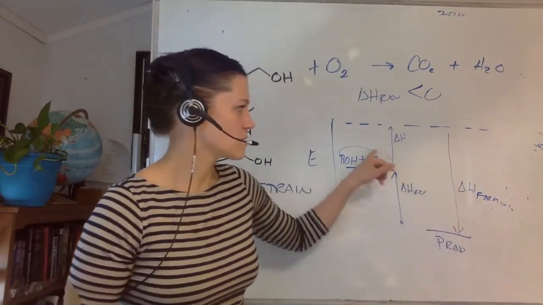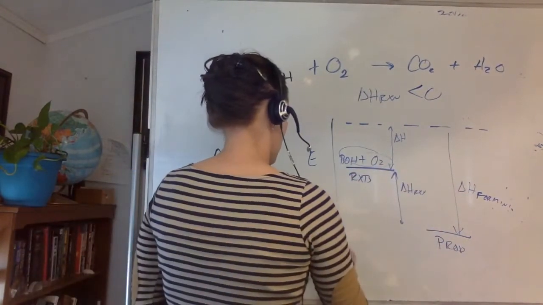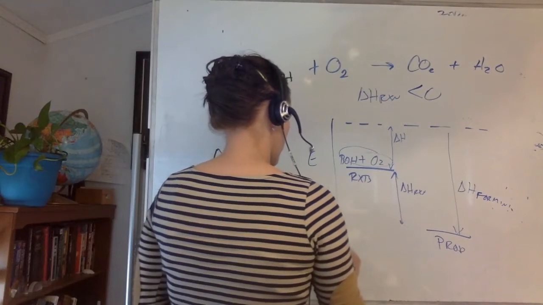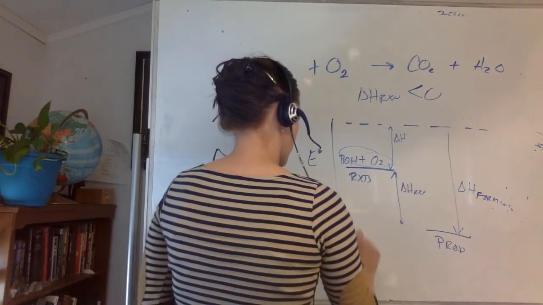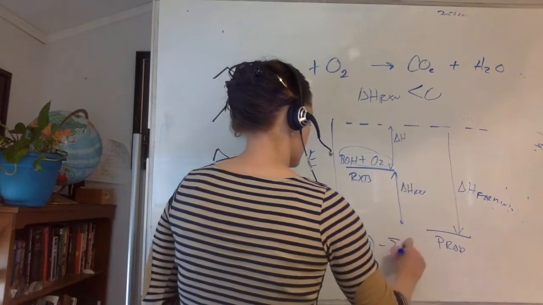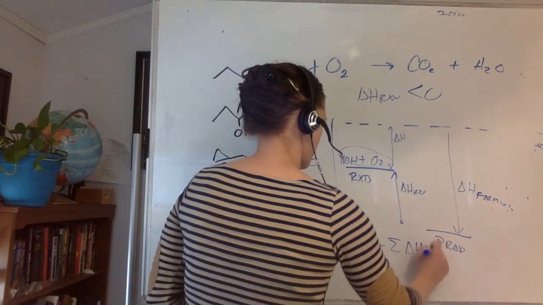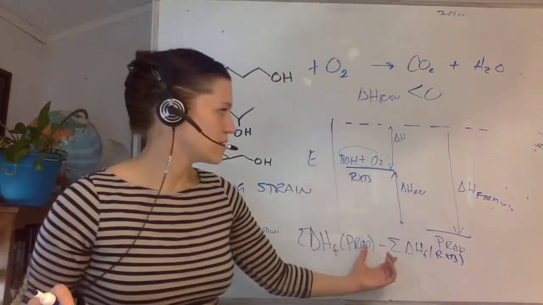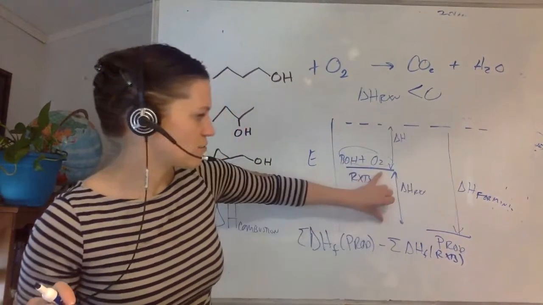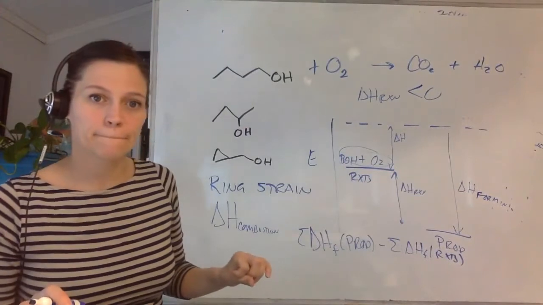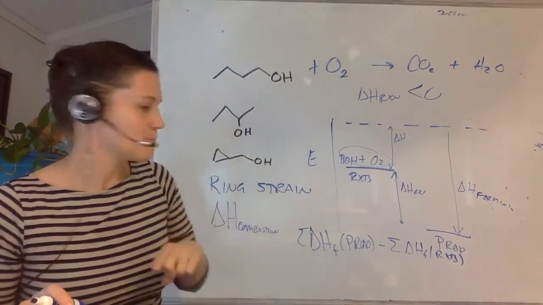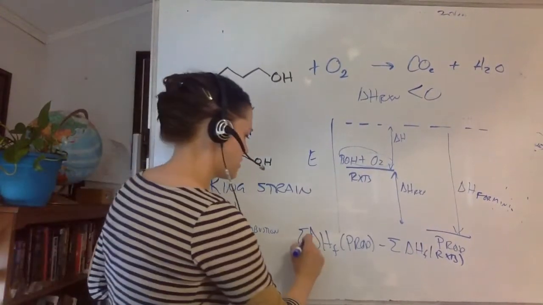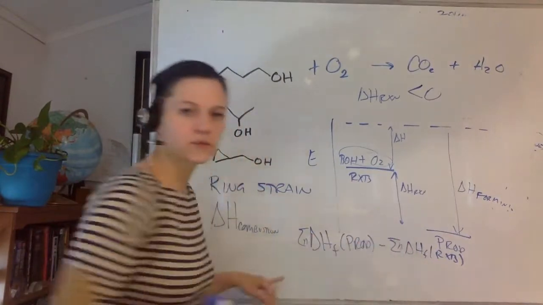So the delta H of formation of the products minus the summation of the delta H of formation of the reactants. Okay, and so since we're looking at the difference of those two, that difference gives us this delta H of reaction. Go team. Okay, and I should also mention that this is multiplied by the number of moles that are present.